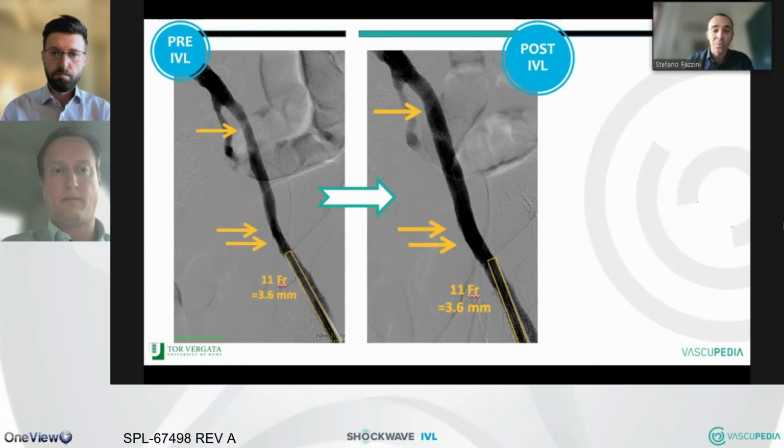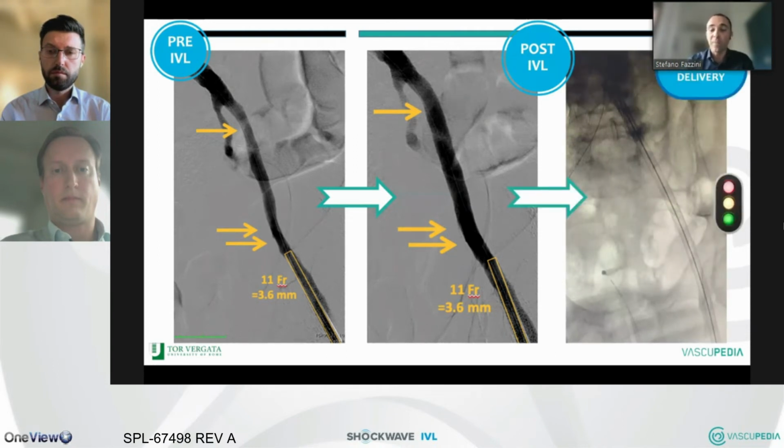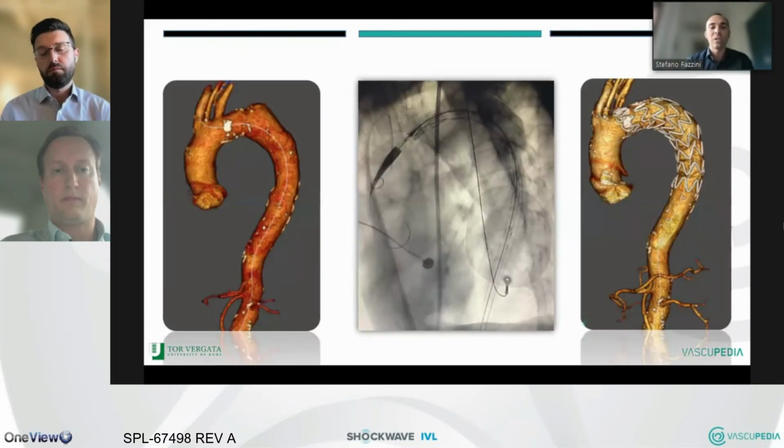After 6 cycles, observe how it changed the vessel. Really incredible, the luminal gain, and it was incredible to cross the lesion without pushing a lot, again using the increased dilators. We crossed with the 20 French outer diameter.